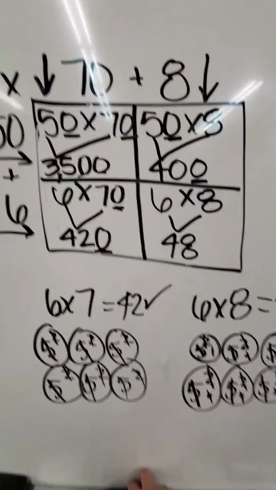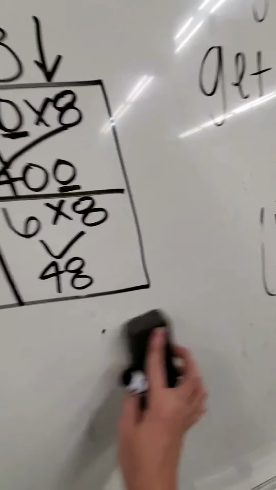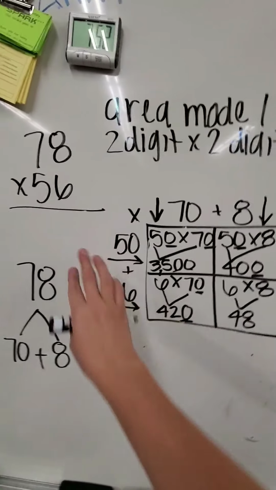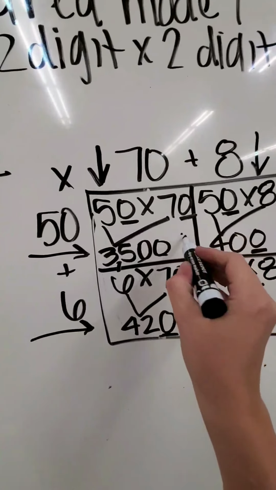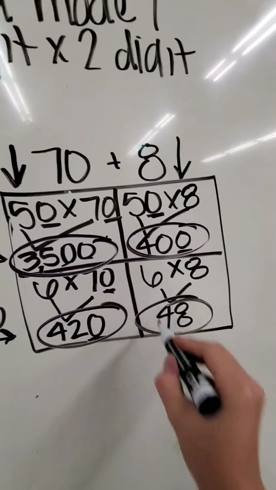Now, I'm not done. I've done all this beautiful work, but I still don't know what 78 times 56 is. So what I have to do is add up my partial products.